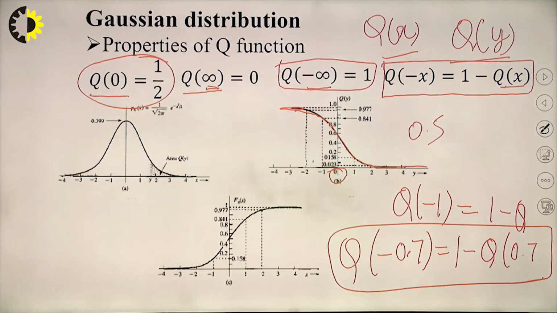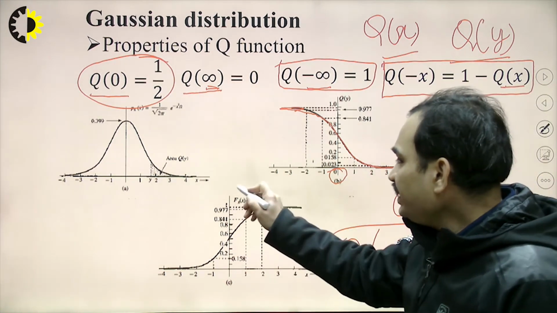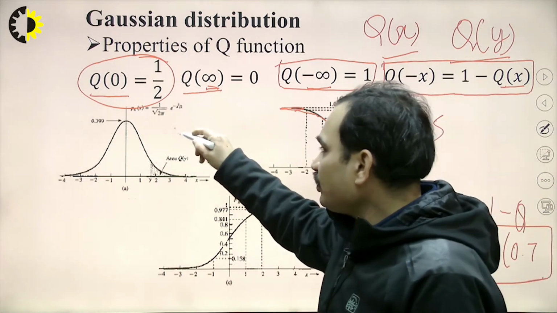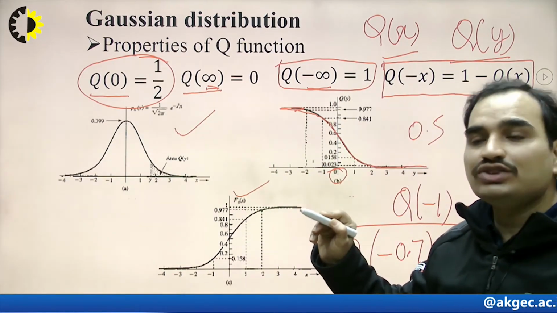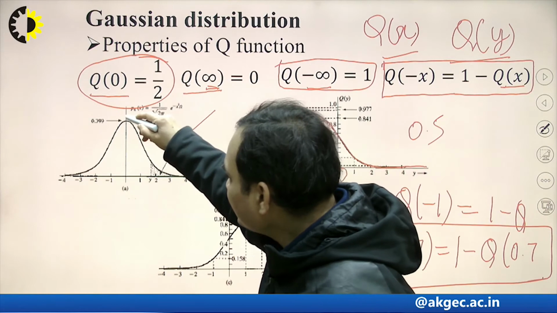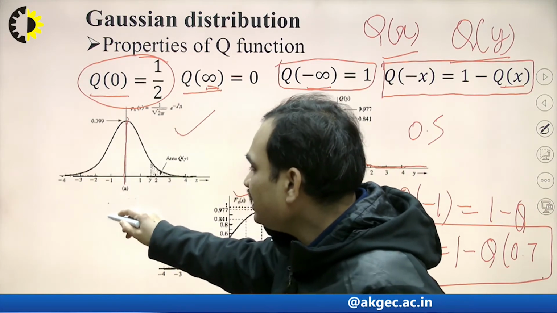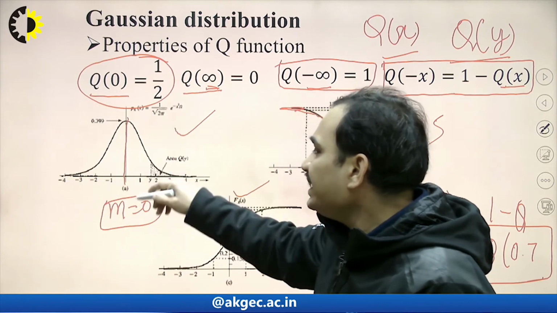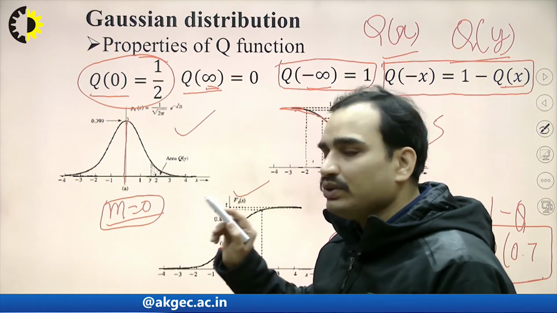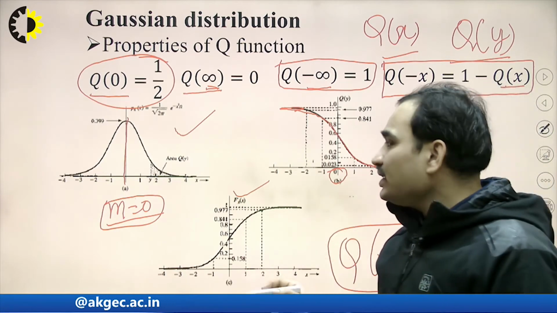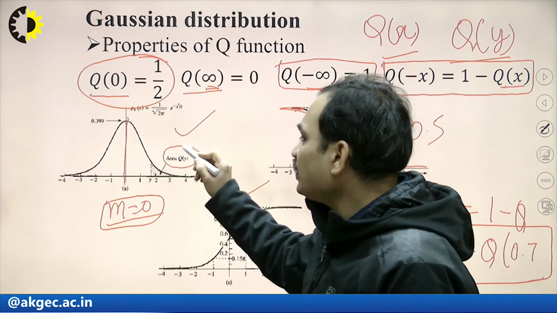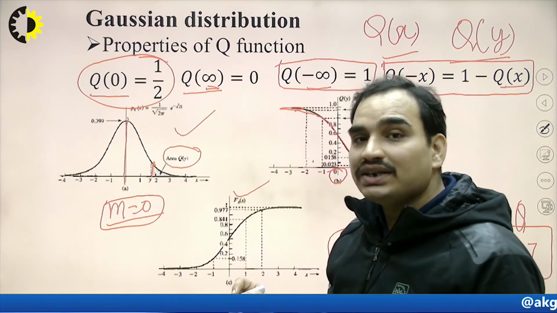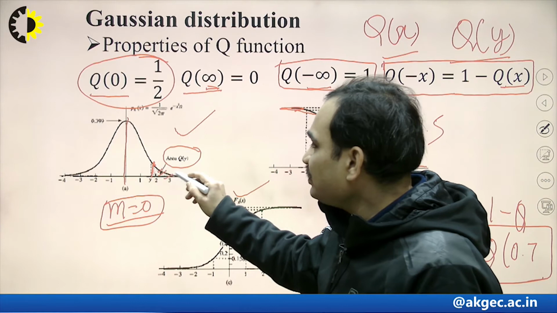So we have the CDF, that is the cumulative distribution function. There is a PDF for the standard or the normal distribution function. As you can see here, the mean is centered, that is, the mean is equal to 0 here. This bell curve is centered at m equals 0, and for the area under the curve for q of y, if you have the value y here, then you will get this region.